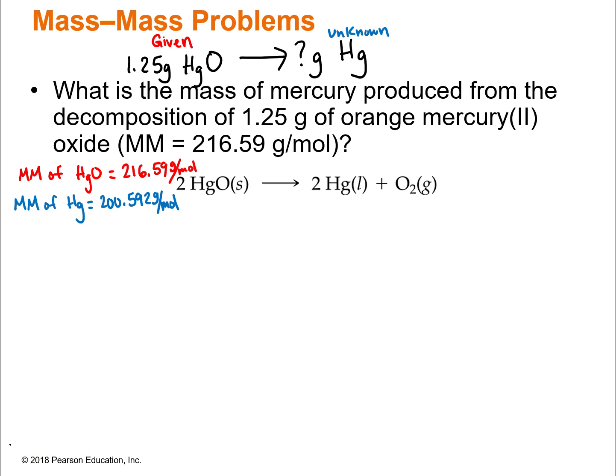Let's write out our plan. Starting with 1.25 grams of mercury 2 oxide, we first have to convert that to moles. And that's using the molar mass.